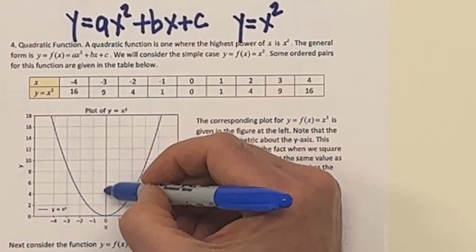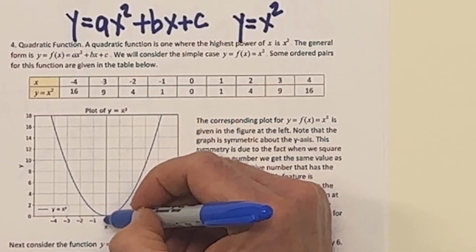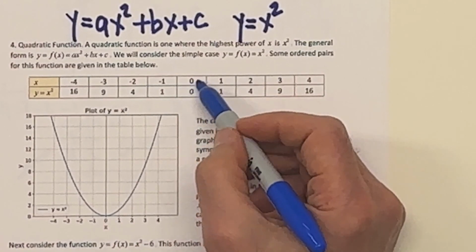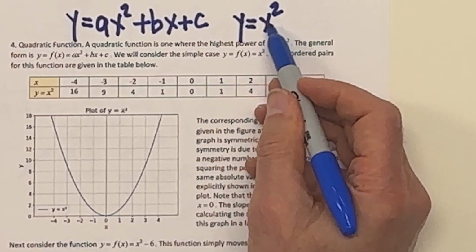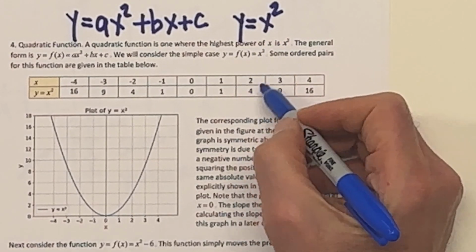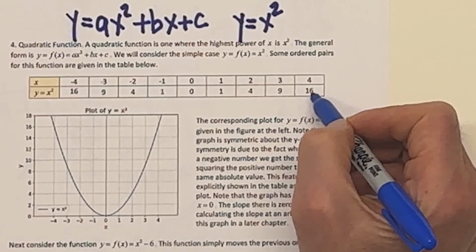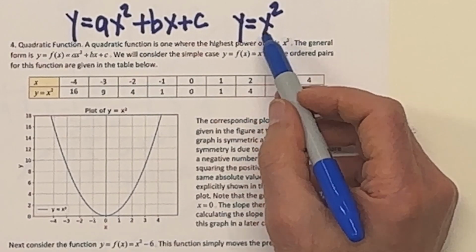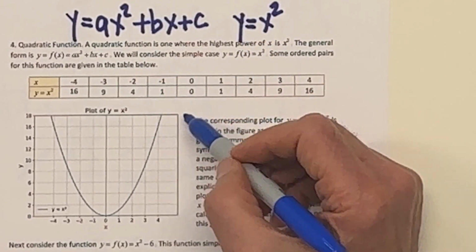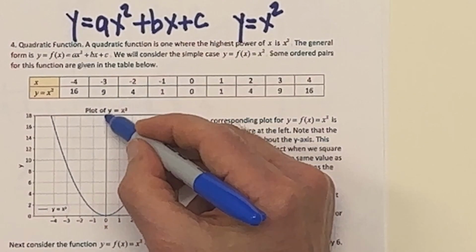So if we look at this graph here, when x is 0, 0 times 0 is 0. In fact, you can look at the table first. If x is 1, 1 times 1 is 1. If x is 2, 2 squared is 4. And then 3 times 3 is 9. 4 times 4 is 16. And since it doesn't matter if x is plus or minus, you get the same answer, there's a reflection symmetry here about the y-axis.